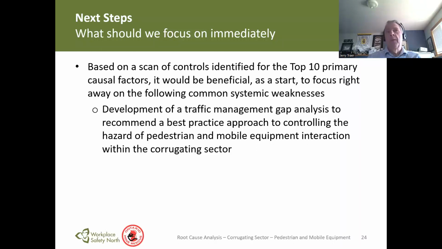So this was probably one of the big issues that we're going to be working on going forward, working with the clients and setting up a process to do that, which is to develop that traffic management gap analysis and come up with ideas on developing that traffic management plan that's going to help the people within the corrugating sector.